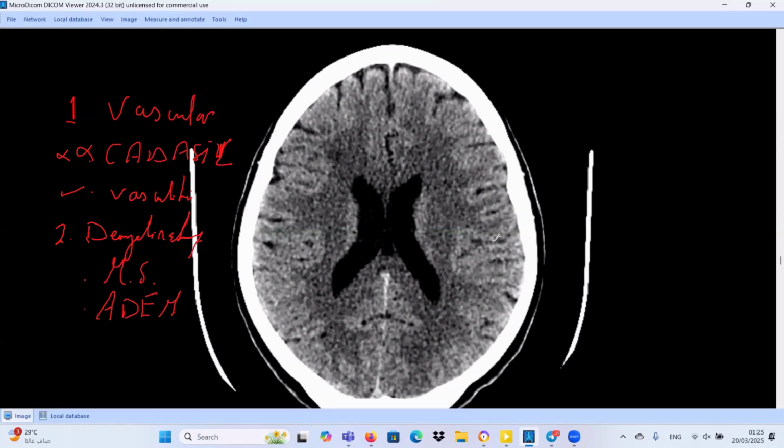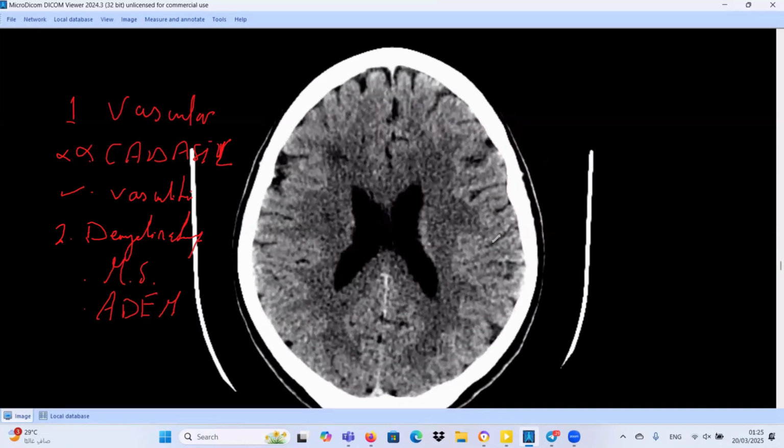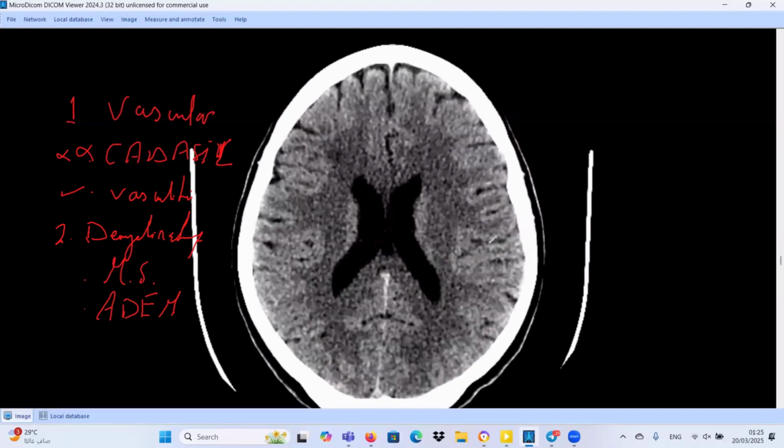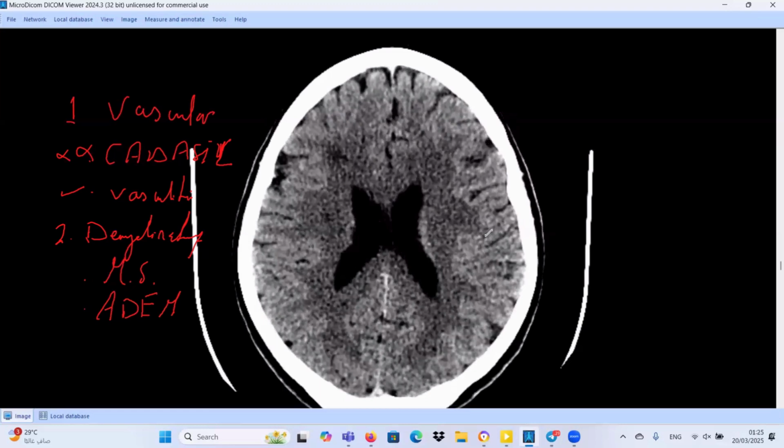But I think it is far away from being leukodystrophy or this dysmyelinating disorder, because this age group is very rare to have leukodystrophy. I know that there is an adult onset for leukodystrophy sometimes, but really it's very odd to see multiple widely scattered white matter changes like this one.